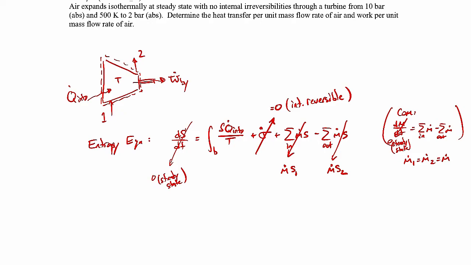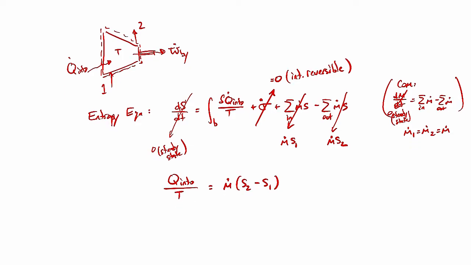I'll bring the heat transfer term to the left-hand side. If I bring that to the left side, that'll be negative. So it should be m dot times s2 minus s1, and there should be a q dot there.